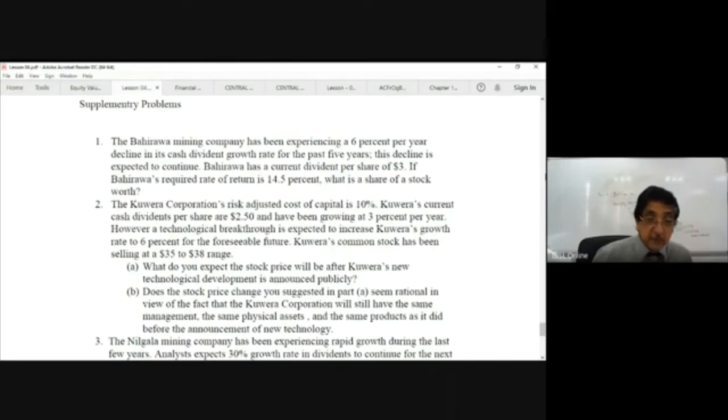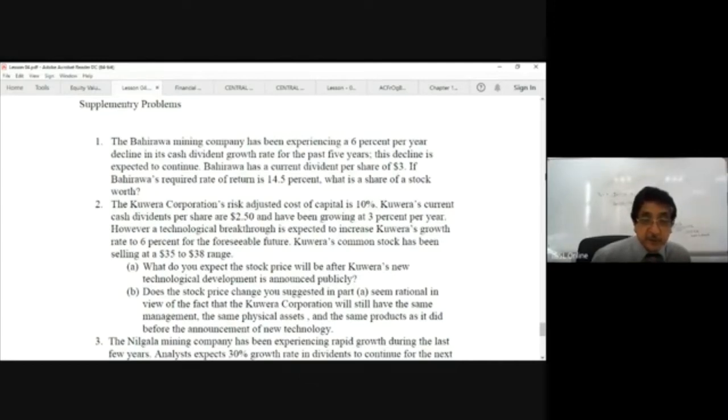That is D0 is 250 and have been growing at 3% per year. So that is G is equal to 3. However, a technological breakthrough is expected to increase Quaker's growth rate to 6% for the foreseeable future. Common stock has been selling at a 35 to 38 range.